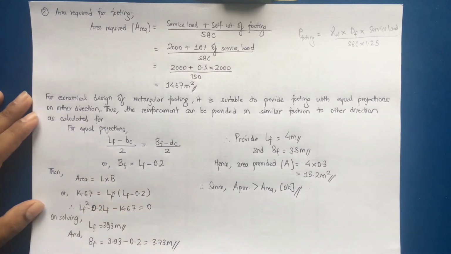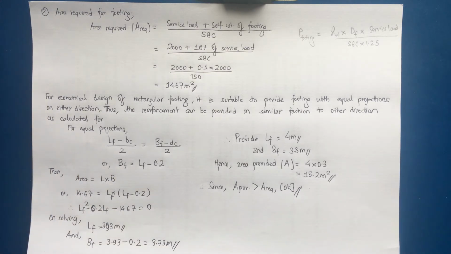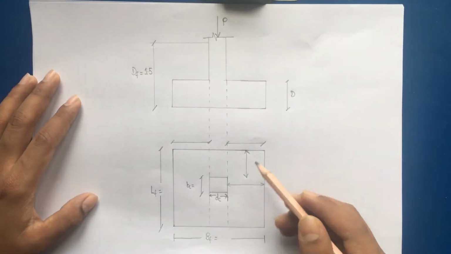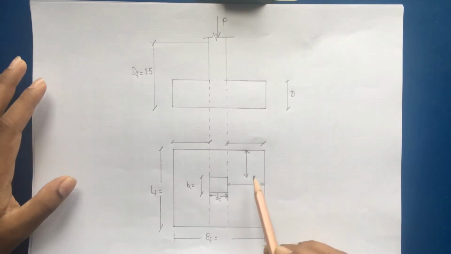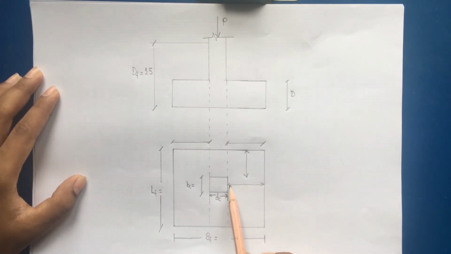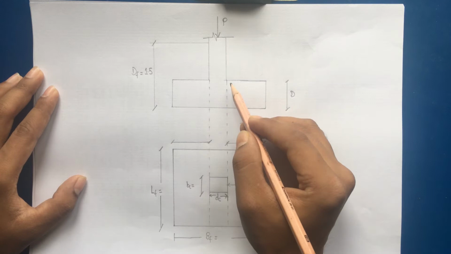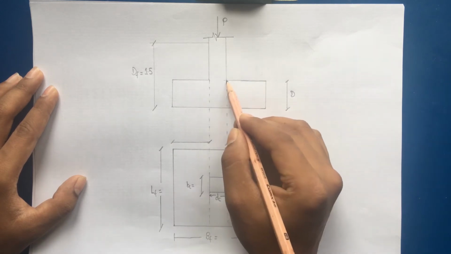So for equal projection, as you can see, the projection means the cantilever portion from the face of the column.